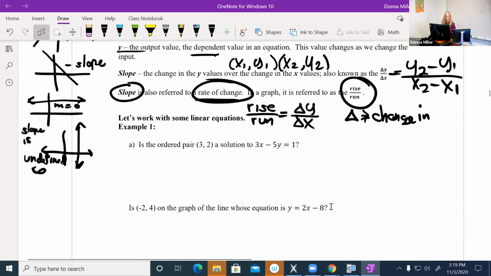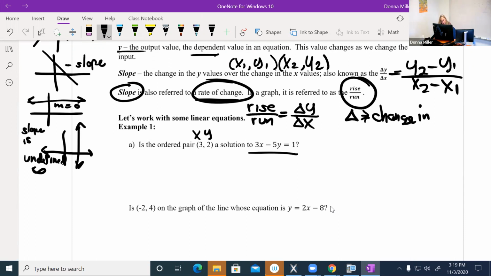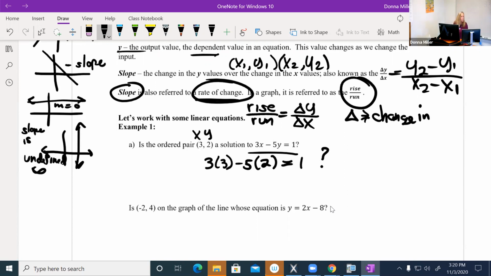All right, so some questions they might ask you. They're asking you, is the point 3, 2 a solution to this? Well, if they're asking you that, this is x and this is y, and if it's a solution, I should be able to plug them in and that equation should work out. So if I plug that in, I do 3x is 3 minus 5 and y is 2. The question is, does that equal 1? If it equals 1, it's a solution.